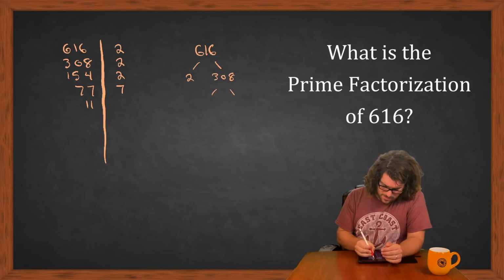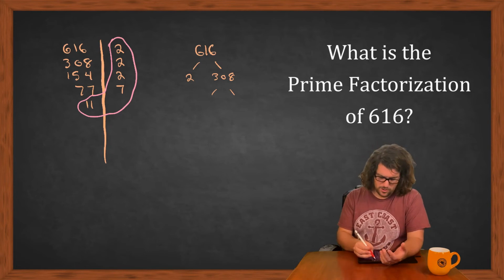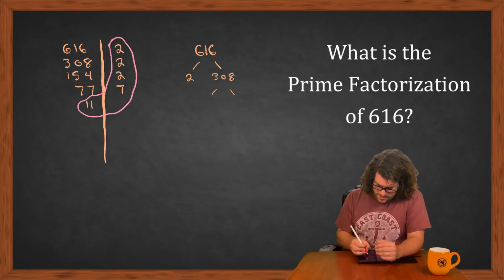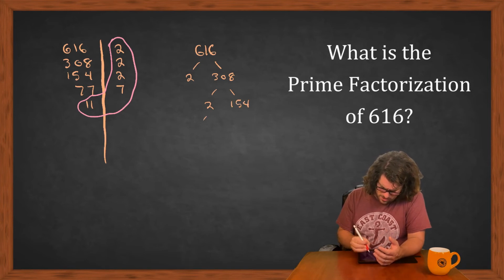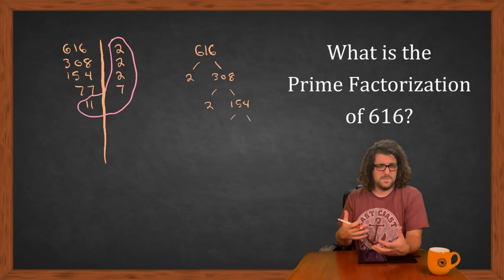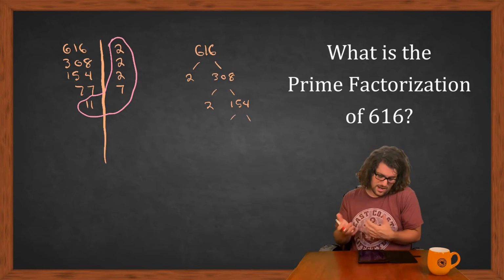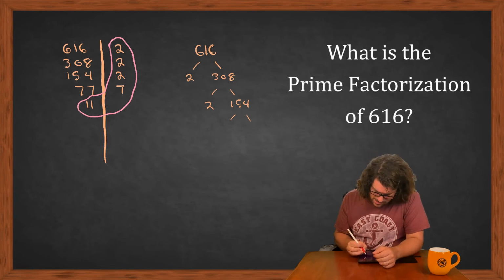So these numbers here are the values that I came up with for my prime factorization. And this time, I'm going to end up seeing the exact same set of numbers because I really don't know values other than 2 that are going to go into that. So then I get my 308. But anyway, there we go. And then 77 is going to factor into 7 and 11.